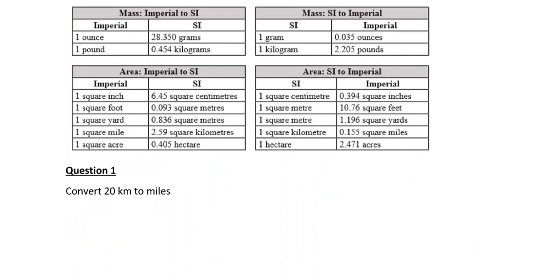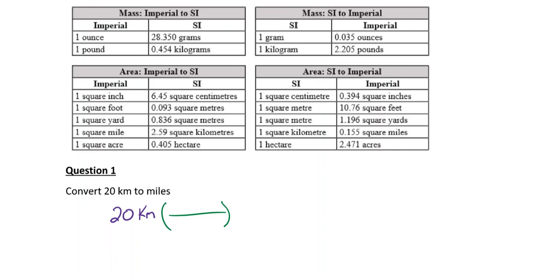So this one says convert 20 kilometers to miles. All right, so can you guys write this down with me, because you will have questions like this, right? So we are going to go 20 kilometers, and we want to change it into miles. Okay, so what we're going to do, see if you remember this, we multiply this by some factor, right?